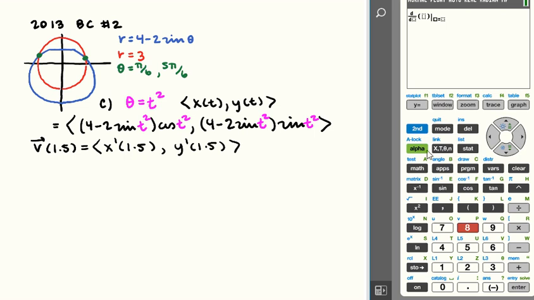So x is r of t, which I stored into y1, multiplied by cosine theta, theta is t squared, at t equals 1.5. That's negative 8.072.